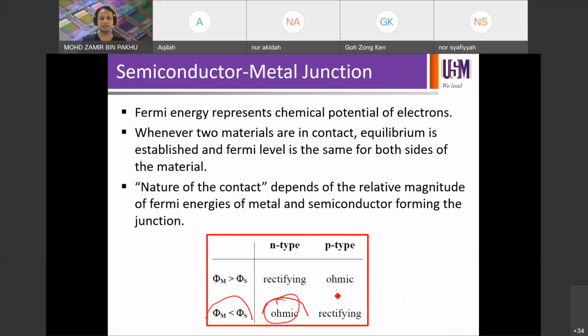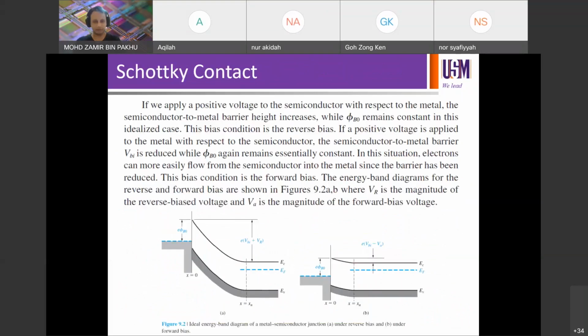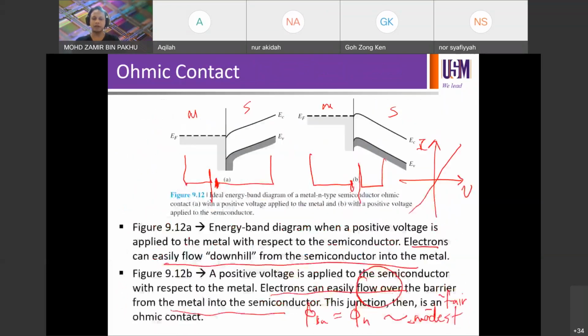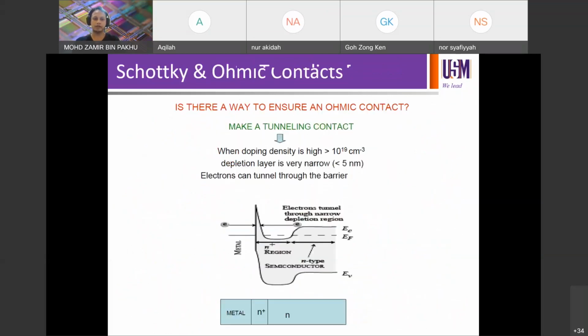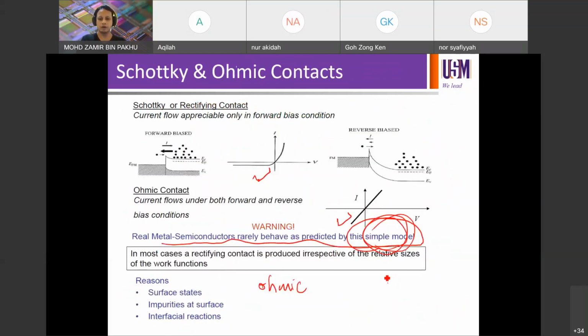Normally in real cases, even though you're designing your junction p-type work function whatever to get ohmic, you'll probably end up with Schottky still. That means if you measure your IV, you'll probably end up with one directional behavior of the carriers. You may end up with this even though you've designed your junction to be ohmic in nature.